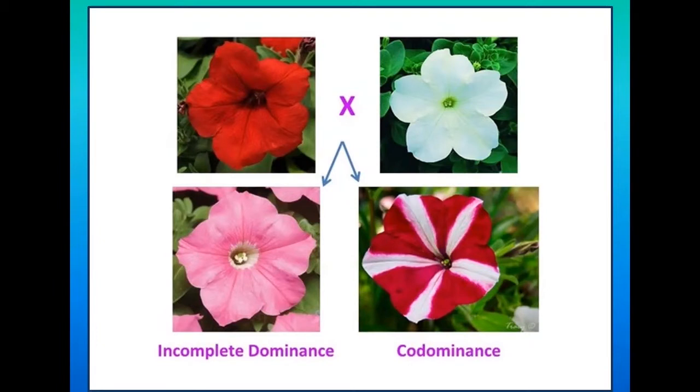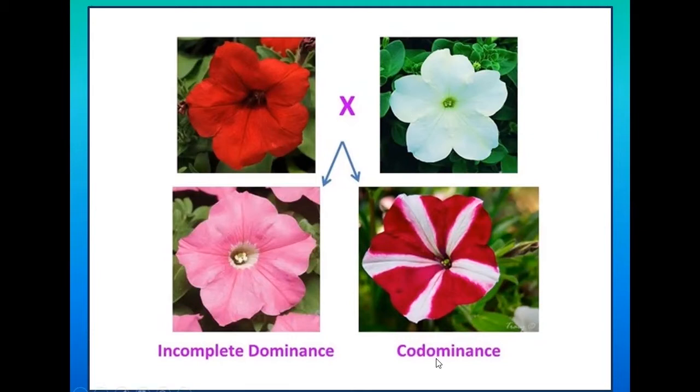Now here, from the illustration, we can all agree that for incomplete dominance, this pattern of inheritance produced an offspring with a combination of the traits coming from the parents. So we can say that the color of this parent blends with the color of the other parent, producing this new phenotype in terms of color, which is pink.